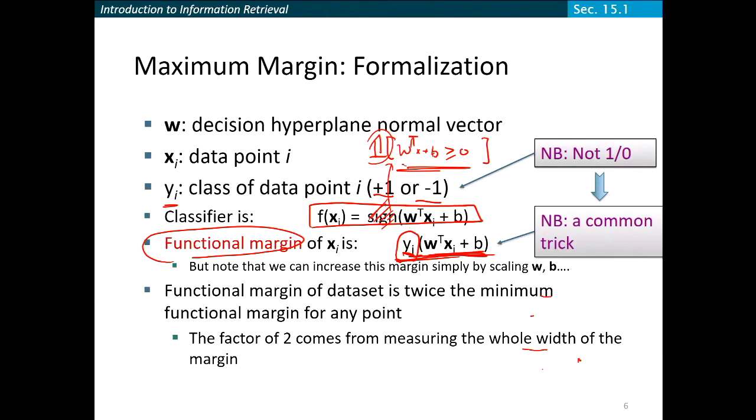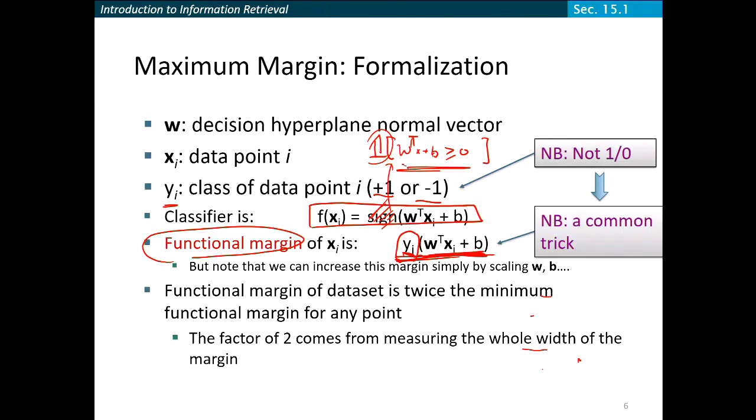So the problem with this margin, and we want to maximize this margin, the problem with this formulation is that if you look at the formula, what's the variable? The variable is essentially W and B, and we focus on W. If you found a particular W which gives you a particular functional margin, and you double the W, let's say you times 2 on each and every component of W, the functional margin will increase linearly as well.